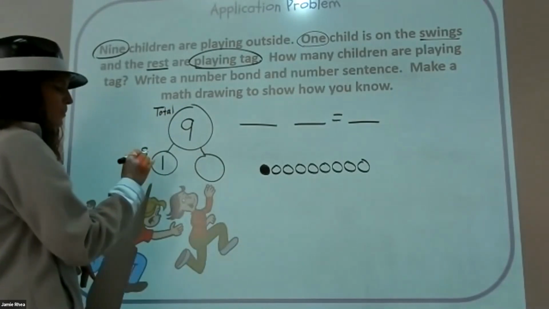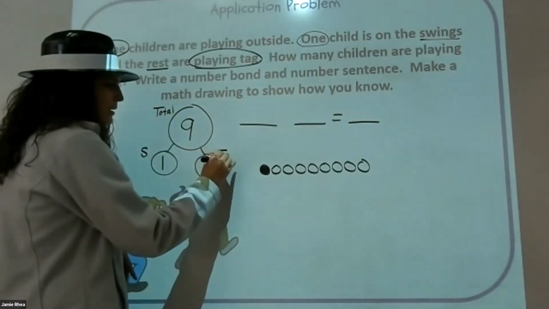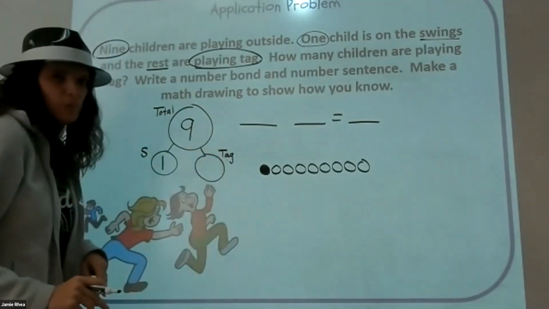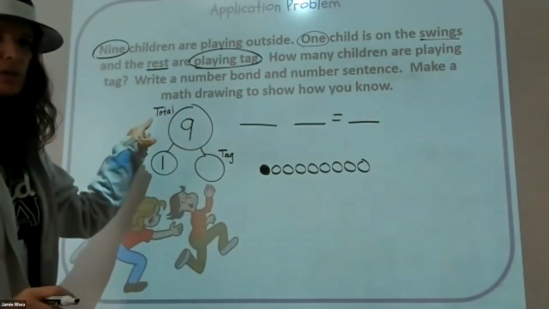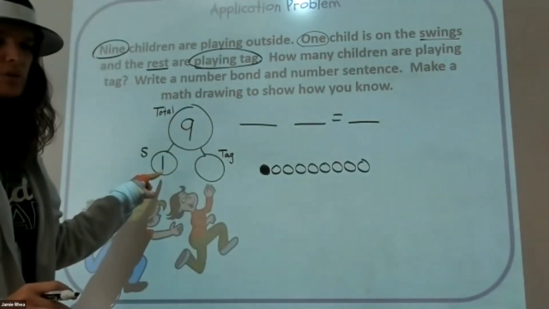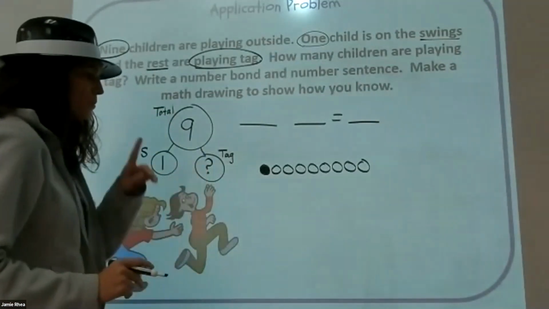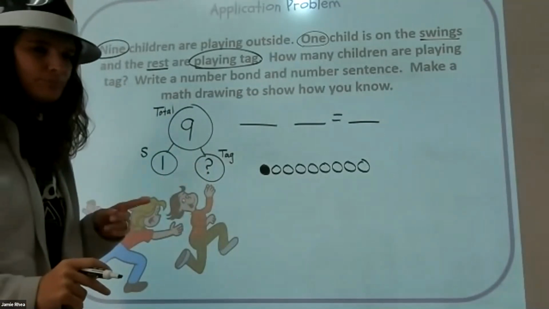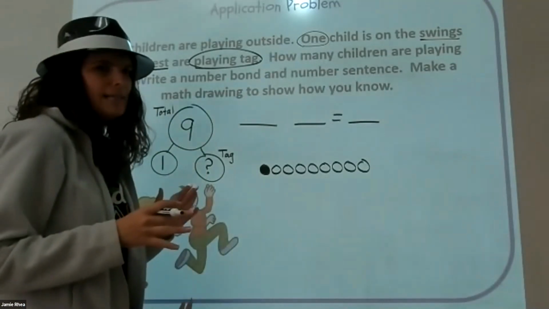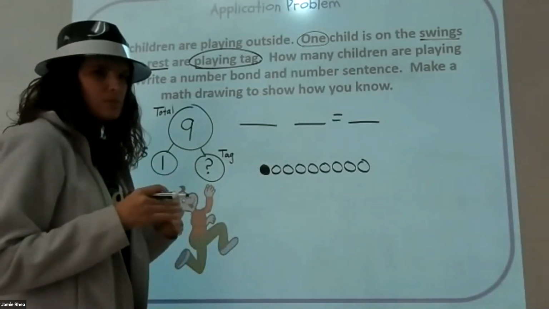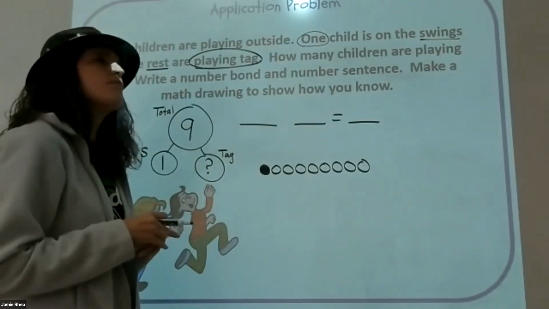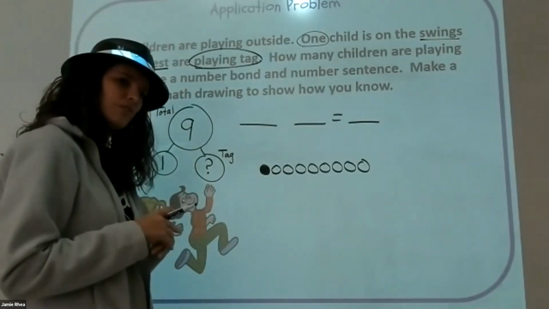I'm gonna put S for swing, and I'm gonna write the word tag. Okay, so I've labeled, so I know my total is 9, 1 person is on the swing, the rest are playing tag, but we don't know how many. So let's fill in what we do know. I need to decide which is the best way for me to do this. Is it more efficient to subtract or is it more efficient to add?